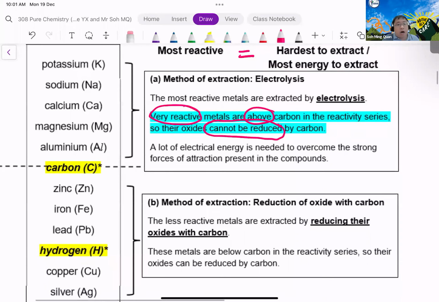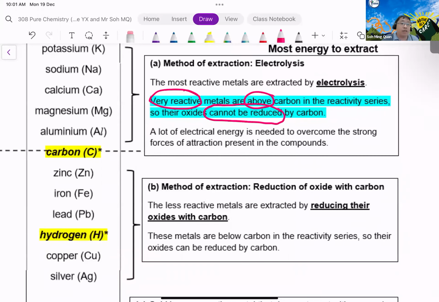Okay, next, how about those metals below carbon in the reactivity series? Well, if they are below carbon, we have learned in the previous part, the oxides of these metals can be reduced by carbon. Okay, so if they are below carbon, they can be reduced by carbon.